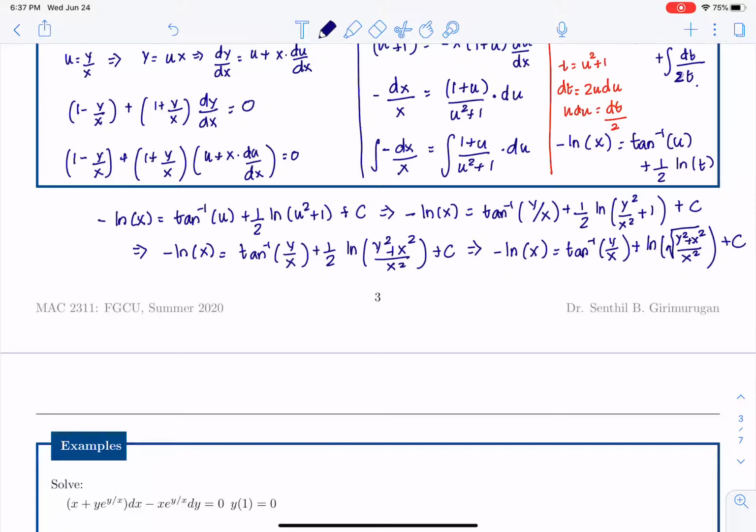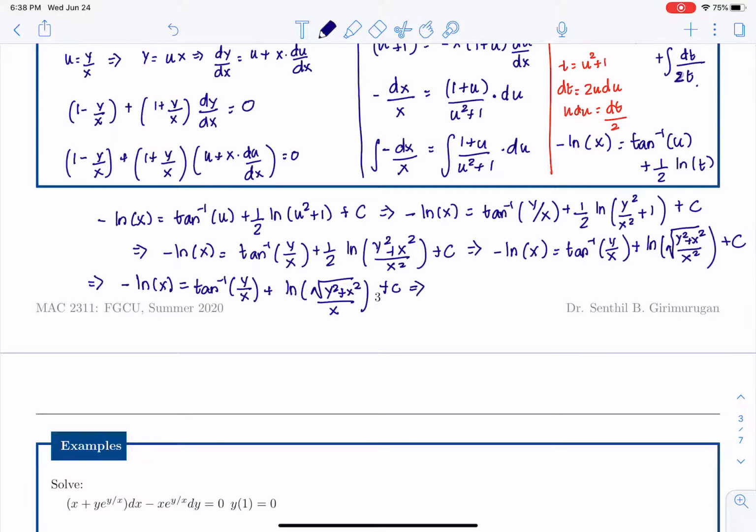Which would then become equals tangent inverse y over x plus ln of the square root of (y squared plus x squared) divided by the square root of x squared, which is simply x, plus c.